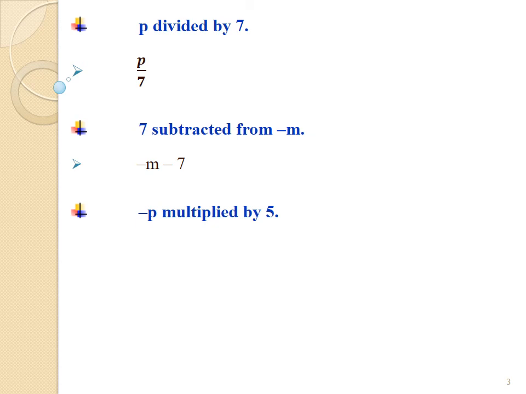Students, note that instead of a negative variable minus p, if a positive variable p is given to us, then we may ignore the multiply sign as we get the expression 5p, and it is read as p multiplied by 5 only.